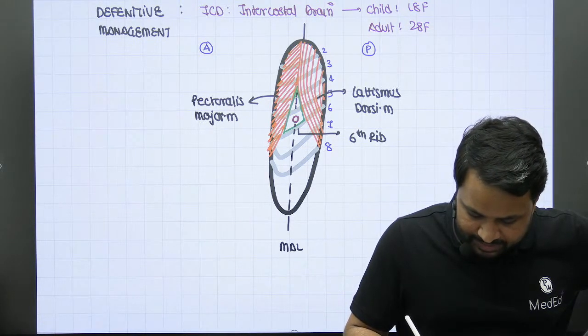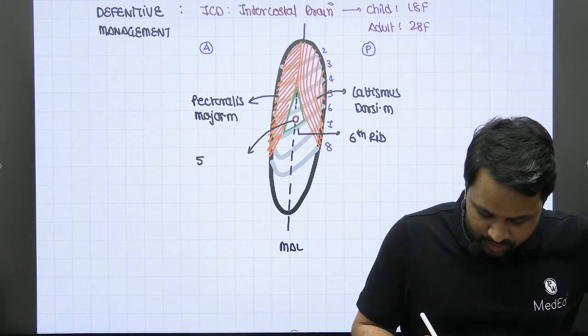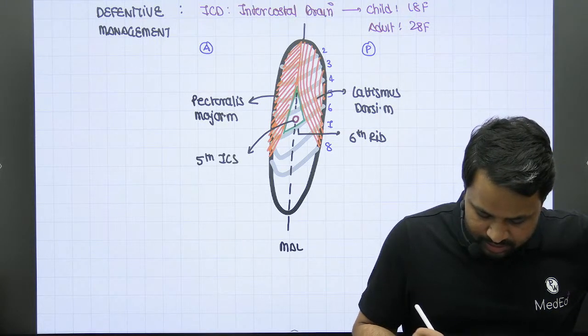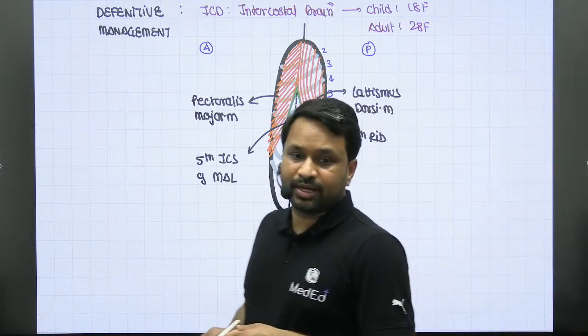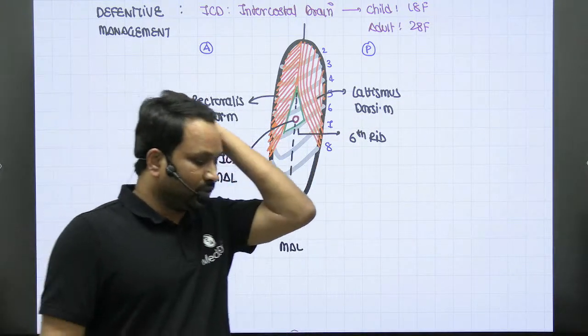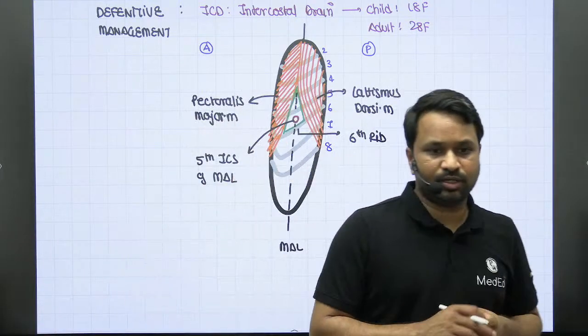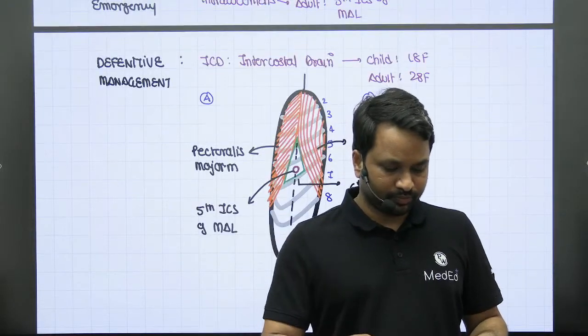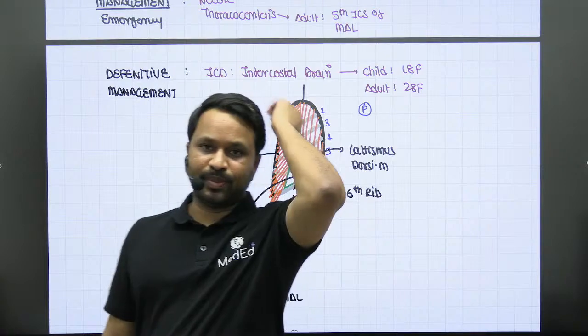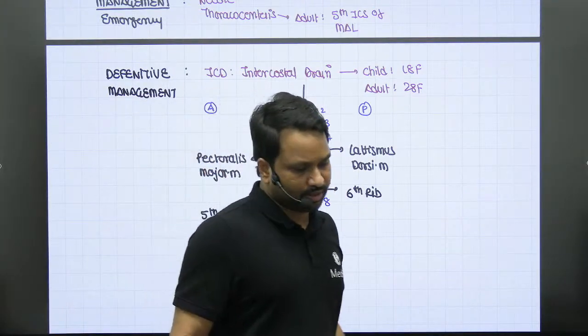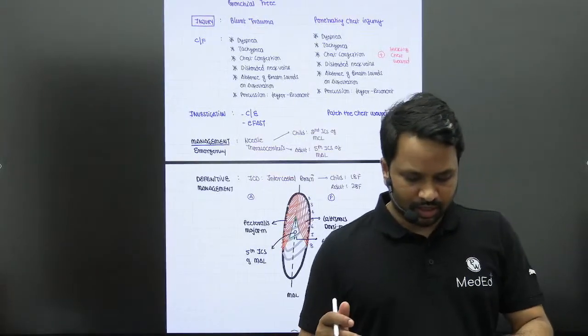The space in which you're going to put the ICD is the fifth intercostal space of the mid-axillary line. This is what we call the safety triangle. This is where you put the ICD, and this is the definitive management for pneumothorax. So we have covered pneumothorax.